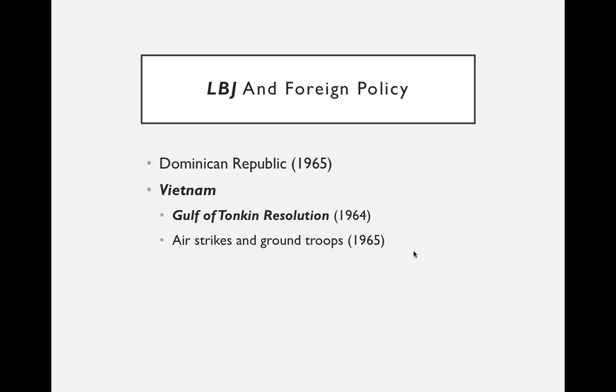And in 2005, declassified documents revealed that the Gulf of Tonkin incident had not, in fact, happened at all. So this incident was fabricated as a way for the United States to justify getting more deeply involved in Vietnam.